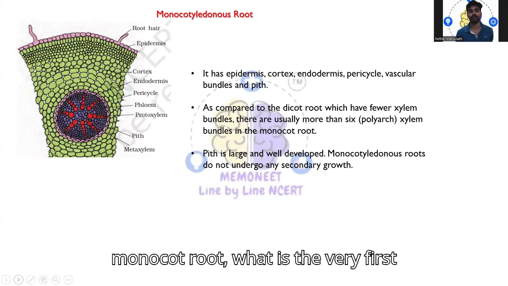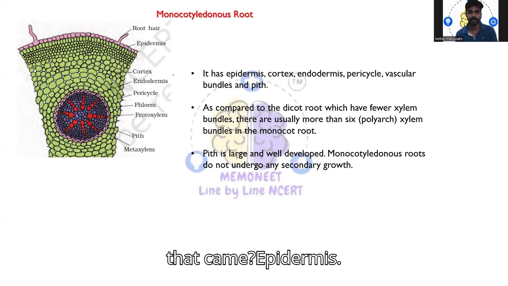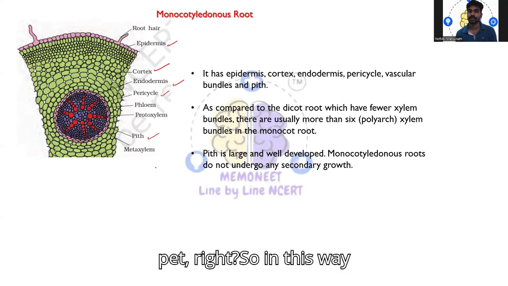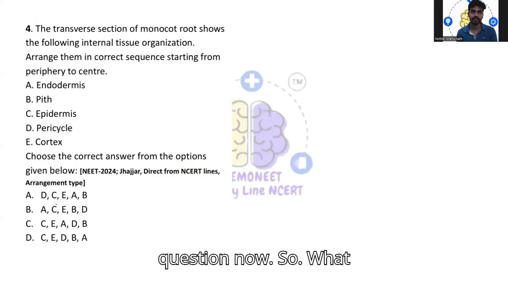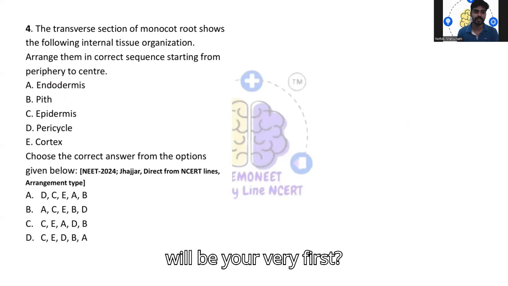In the monocot root, what is the very first that came? Epidermis. The second one was cortex. Then we had endodermis, then pericycle, then we had pith. Right? So in this way it has gone. Now let us see the question. What will be your very first?